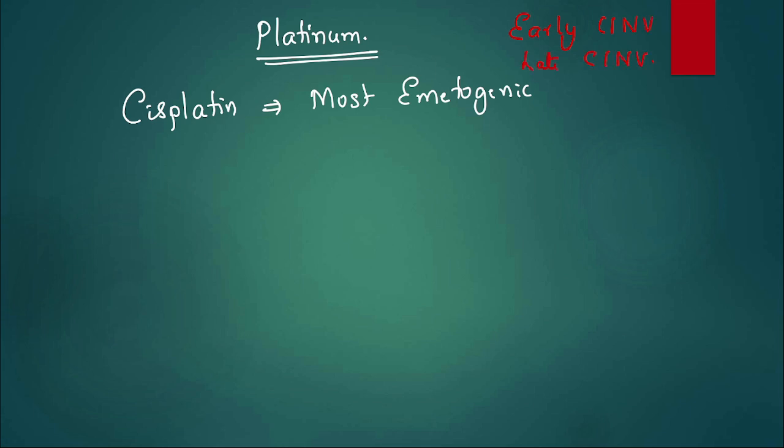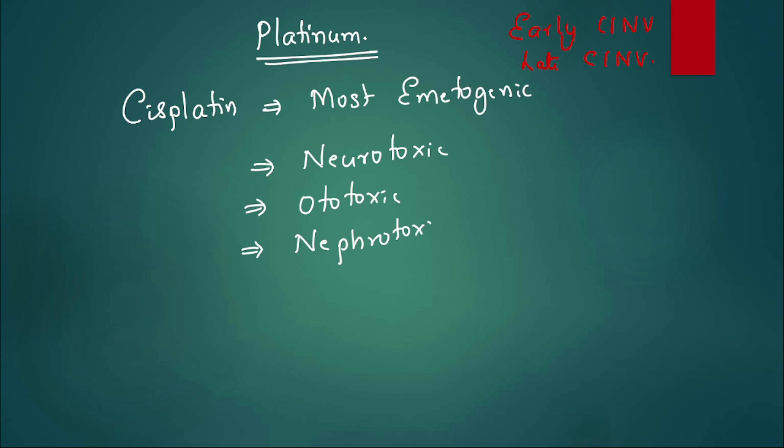Also, cisplatin is known for neurotoxicity. It will cause neuropathy, and it can also cause damage to the ear, ototoxicity. The patient will have a ringing sensation, and it is also nephrotoxic. How do we overcome the nephrotoxicity? Number one, we can do forced chloride diuresis.